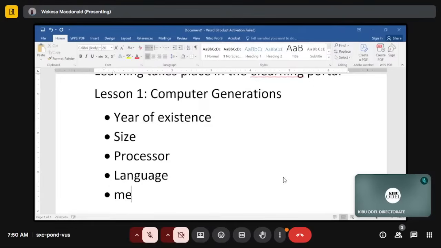Also, remember to mention the memory or the storage devices this generation used to store data.